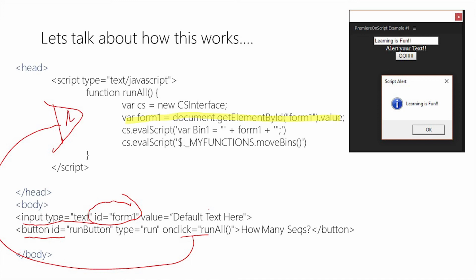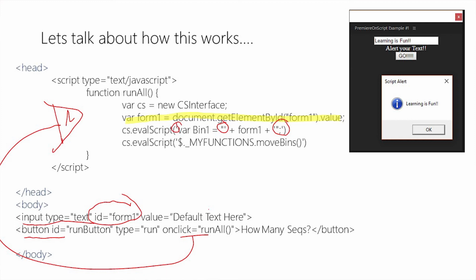Then what we have to do is send this variable over to our Extendscript before we can call the Extendscript function. So we're going to create a cs.eval script, and we're going to declare a variable. We're going to call it bin1, and we got to send this information over as a string. So pay close attention here to these quotation marks.